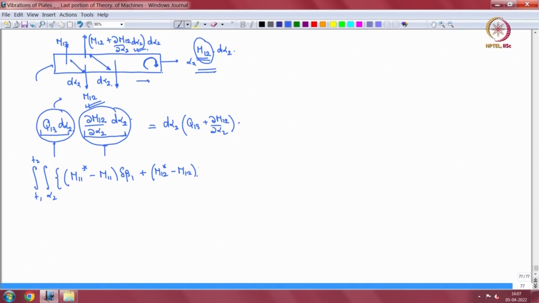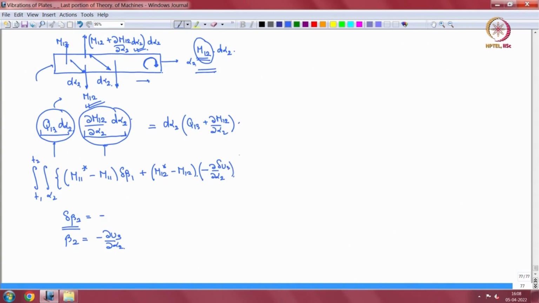And here for delta beta 2 I will use the definition for beta 2. So I get beta 2 is equal to minus del U3 by del alpha 2. So delta beta 2 will become minus del alpha 2 delta U3.